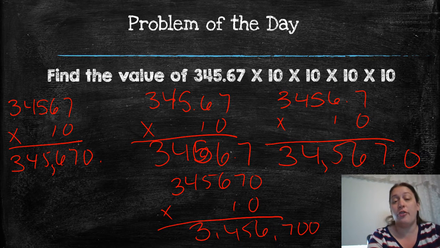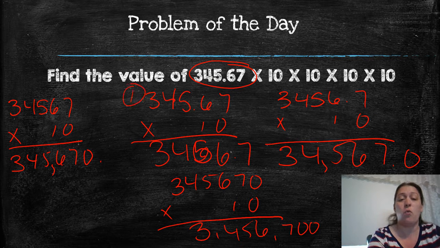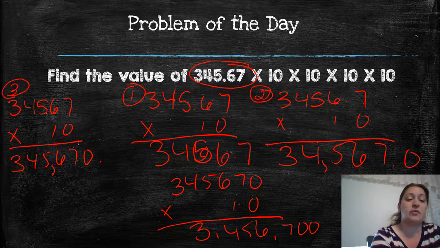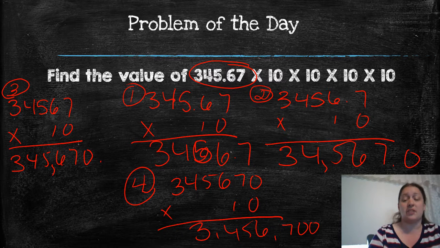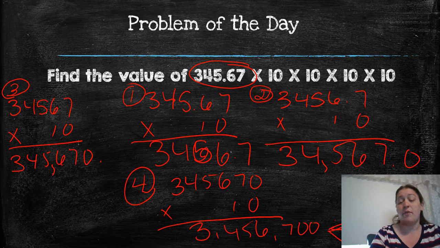So I took our 345 and 67 hundredths, multiplied it by 10 once, by 10 twice, 10 three times, and then eventually a fourth time to get our final answer of 3,456,700.